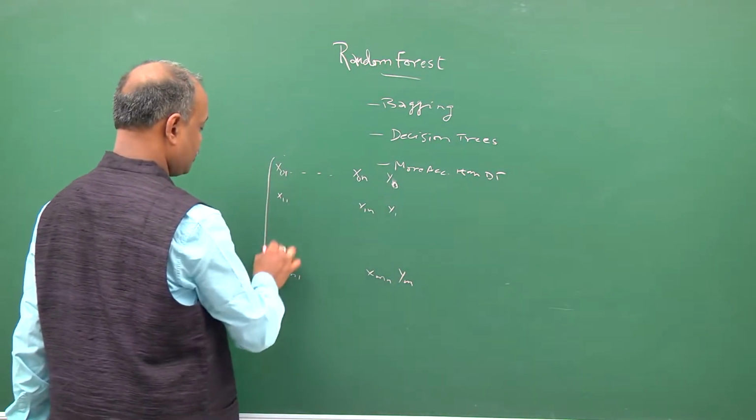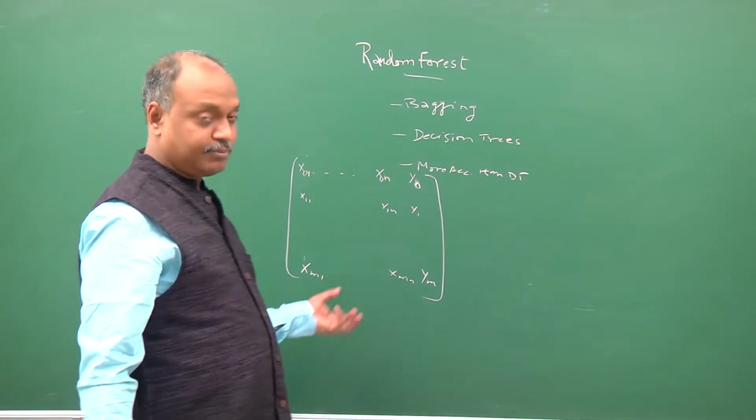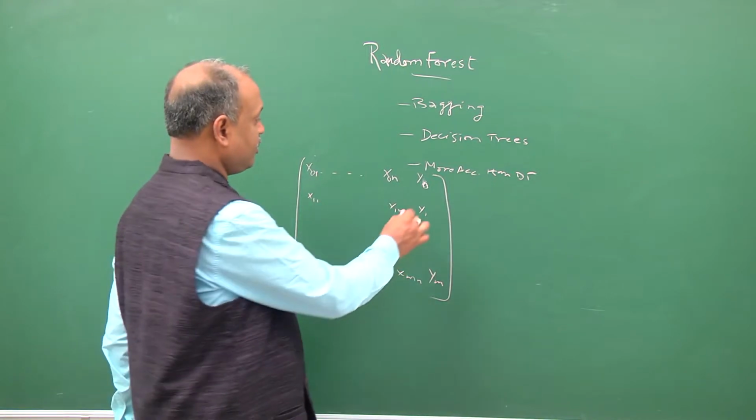Suppose you have original raw data like this, which is the classical problem of classification where you have labeled output.